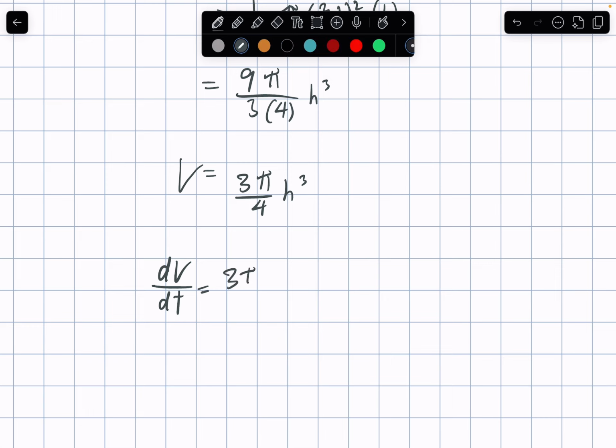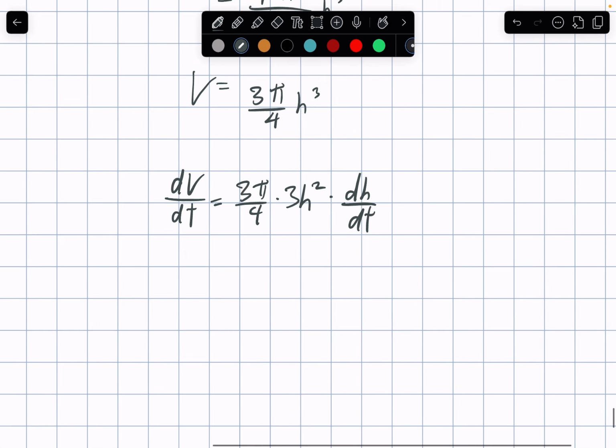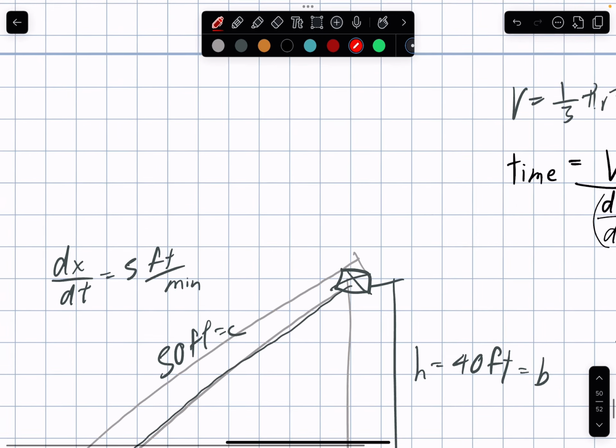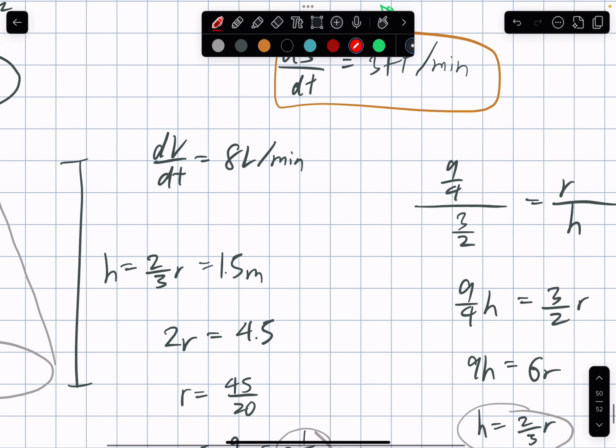Let me show you. So 3 pi over 4 is a constant. Set it aside. 3h squared and then dh over dt. We know what the height value is. We also know dV over dt, right? So dV over dt is 8. By the way, let me just tell you this. Liters per minute could also be written as dm cubed per minute.